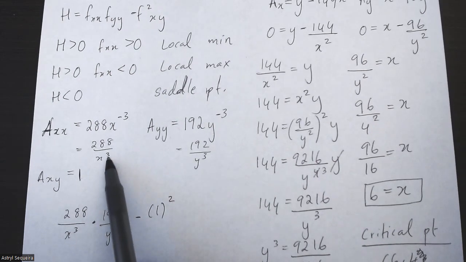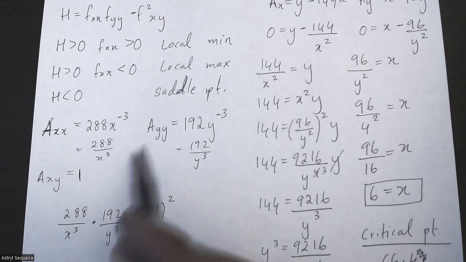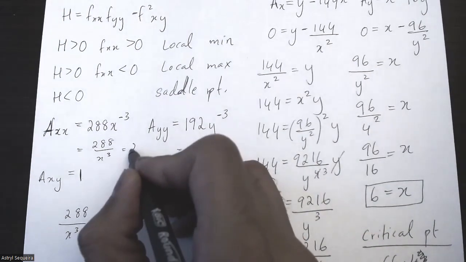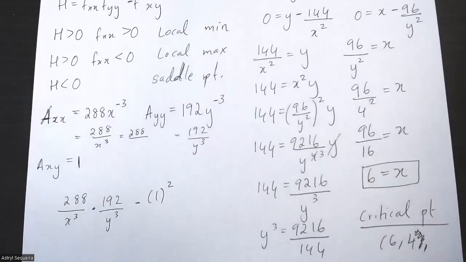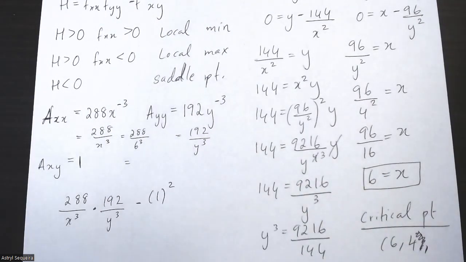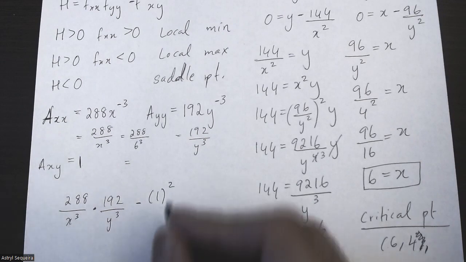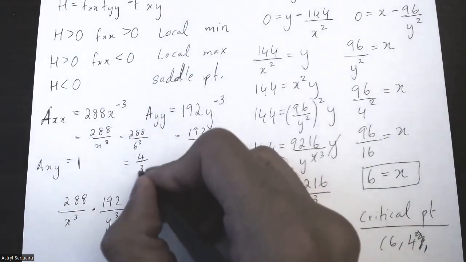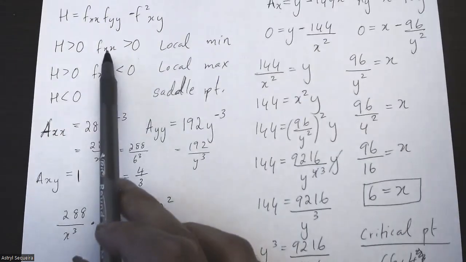Okay, so let me start by just subbing in my critical point into my axx. So 288 over my x value, which is 6 cubed. And if I put this into my calculator, 288 over 6 to the power of 3 is positive 4 over 3. So it's good that we get greater than 0.